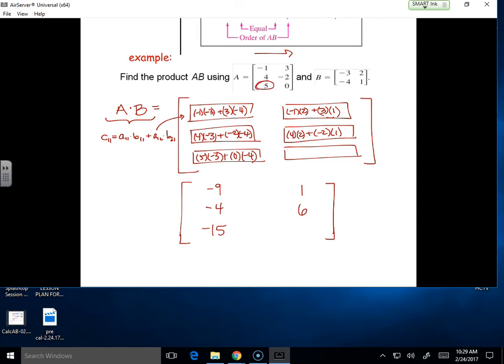And time to cross over. Still third row. First times first, that's going to be 10. Plus second times second, that's going to be 0. And if you need patterns, you can see negative 3, negative 3, negative 3, negative 4, negative 4, negative 4, 2, 2, 2. Yeah, the problem is the numbers will always be changing, which is a bummer.